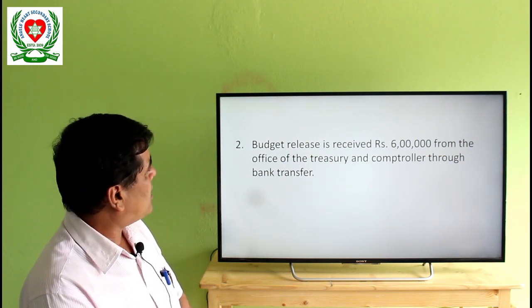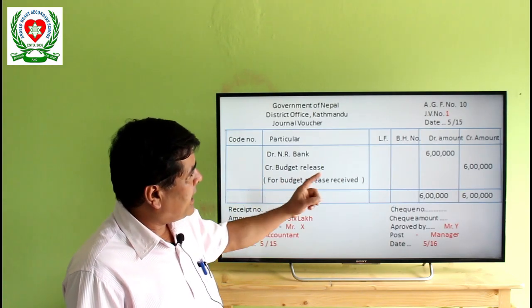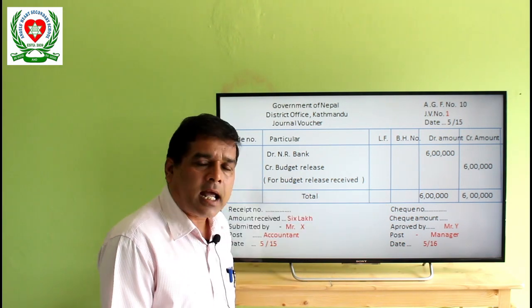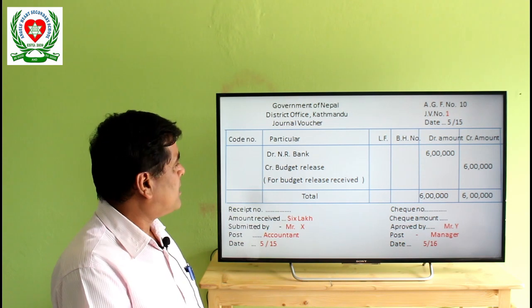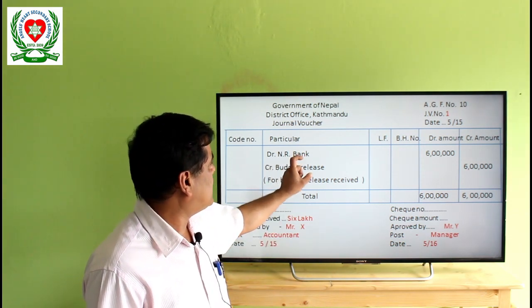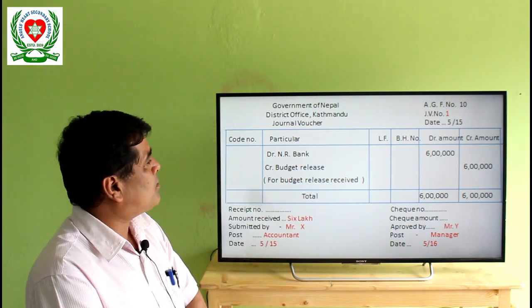The journal voucher of this is debit NR Bank 6 lakh, credit budget release 6 lakh for budget release received, and we have to enter these debit and credit items in the bank cash book.